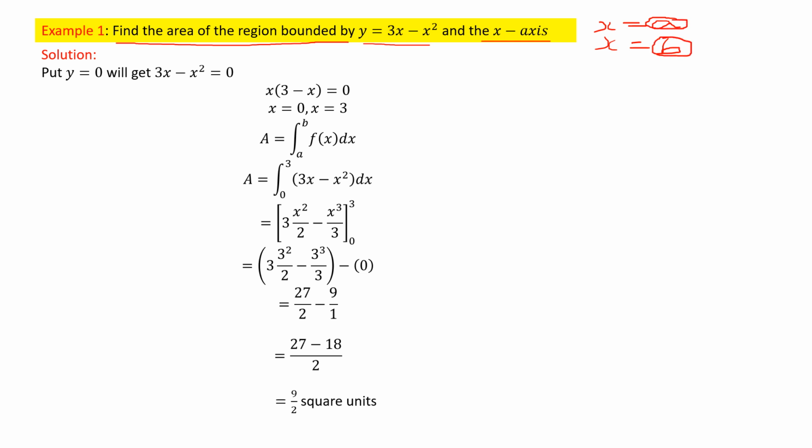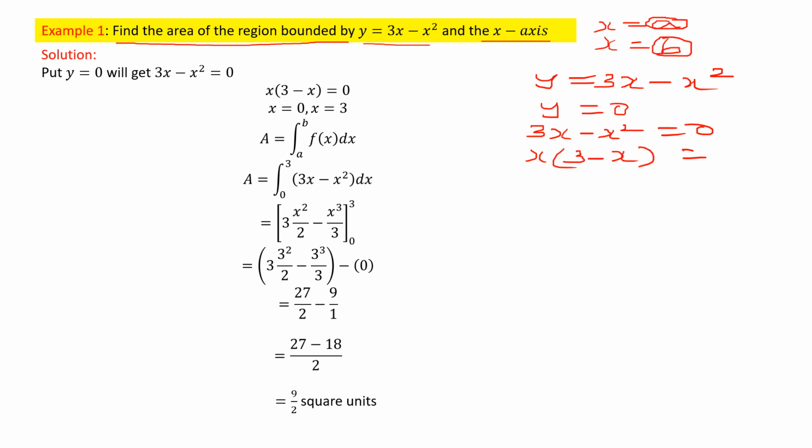So here the curve is given by y equal to 3x minus x power 2. So to find the value of x, let us assume y equal to 0. So if y equal to 0, we have 3x minus x power 2 equal to 0. Taking x as a common factor, we have x times 3 minus x equal to 0.